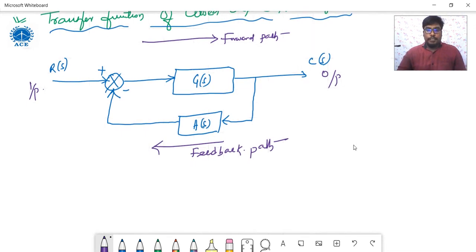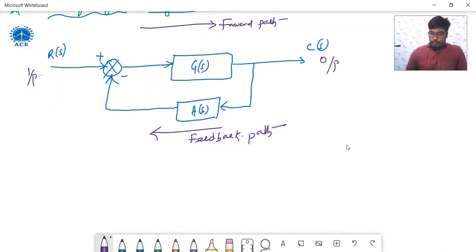See here, the output of the summing point will be the error signal. So this will be represented as E of t, error signal, right? Here the error signal must be 0 so that we can get the controlled output.